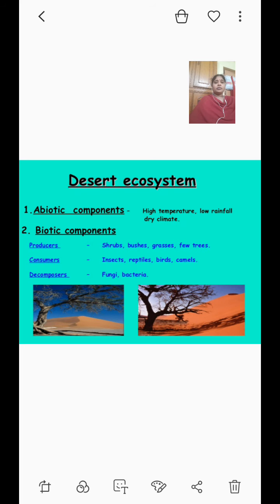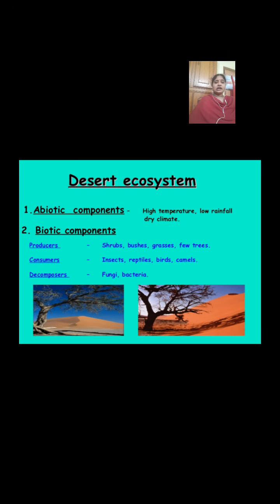Okay, so producers which can be seen in the desert are shrubs, bushes, grasses and some very few trees. Like cactus, opuntia, these kinds of plants we can see in the desert.